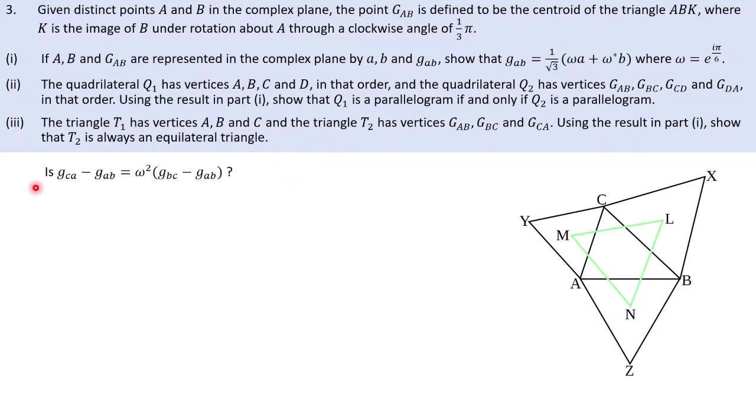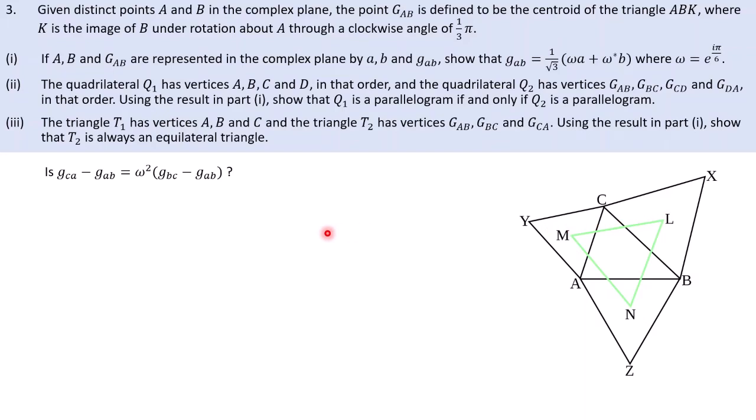And the way we are going to show it is we are going to check whether GCA minus GAB, which is actually this line here, is obtained by taking this vector rotated by 60 degrees. So if we can show this, we have just proven that one side is given by the other side rotated by 60 degrees, and therefore the whole thing is an equilateral triangle.